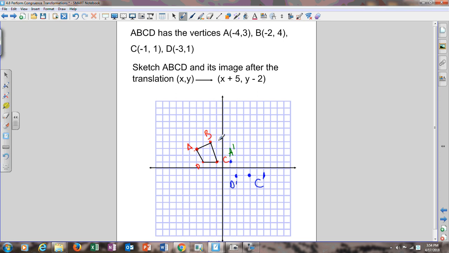Then B, 1, 2, 3, 4, 5, and down 2. 1, 2. 1, 2, 3, 4, 5, down 2. There we go, that's better.